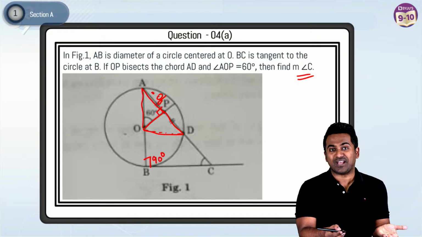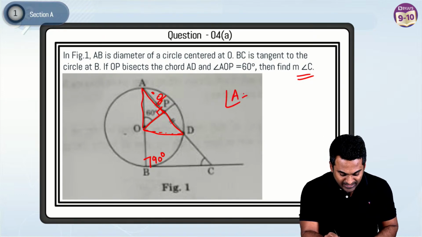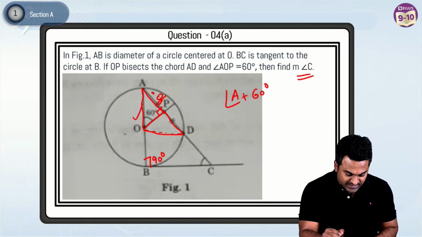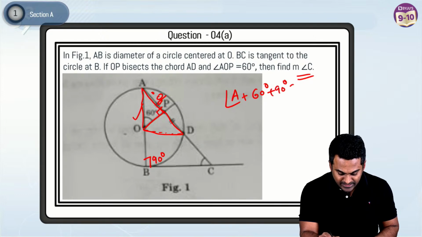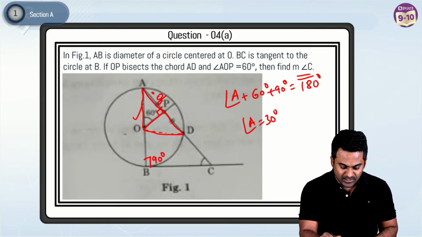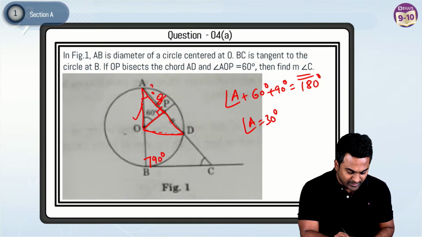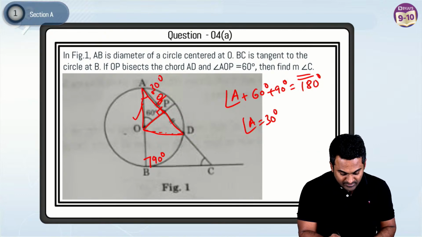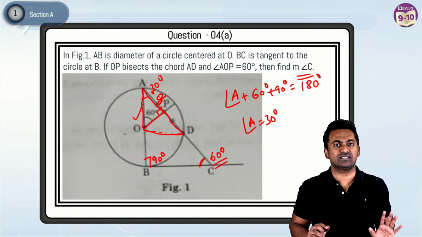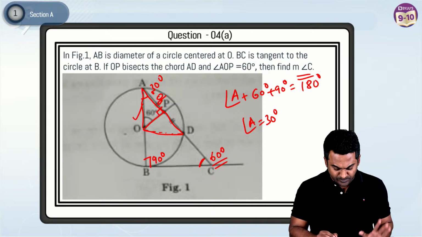And that's how you can figure out angle A, because angle A plus this angle of 60 degrees plus 90 degrees will be equal to 180 degrees, and you will get angle A as 30 degrees. That's it. So this angle here is 30 degrees, which means this angle C is going to be 60 degrees. That's it. Okay, so this was again a fairly simple question.